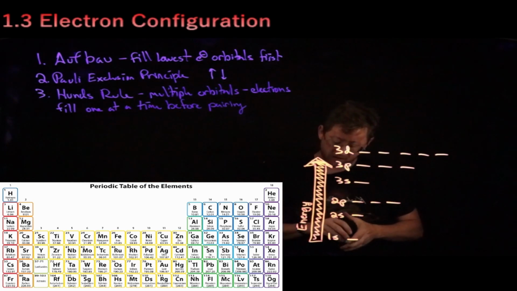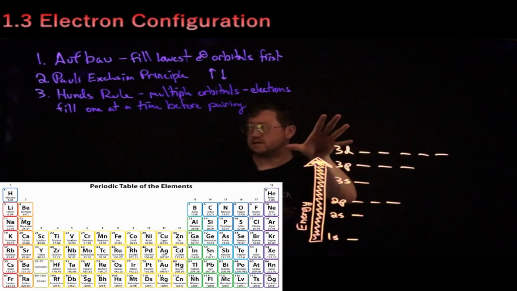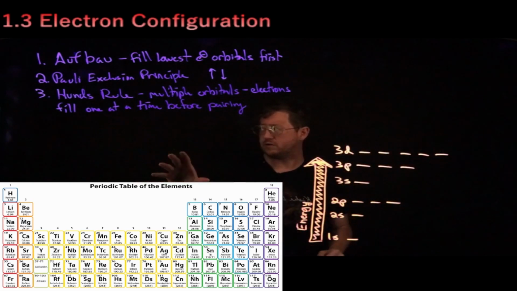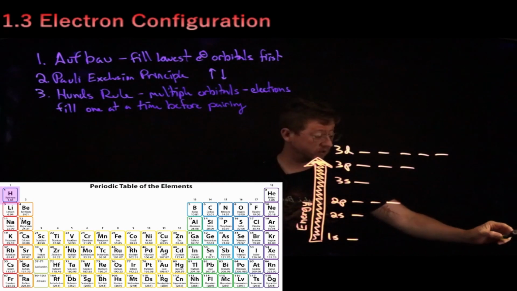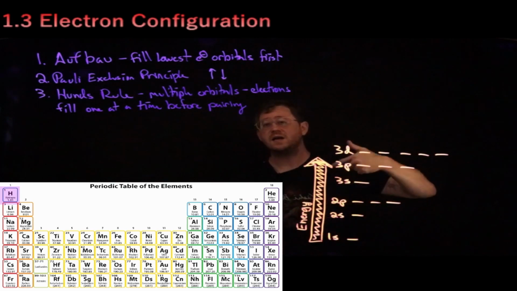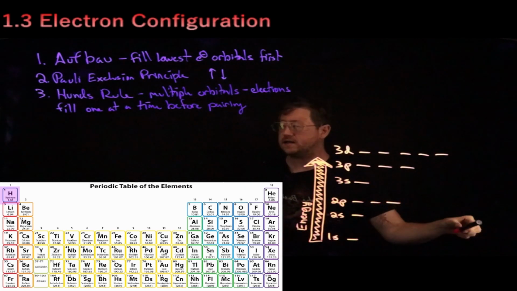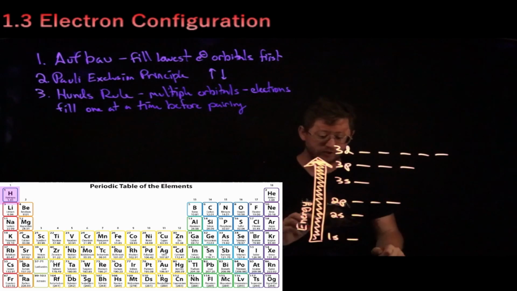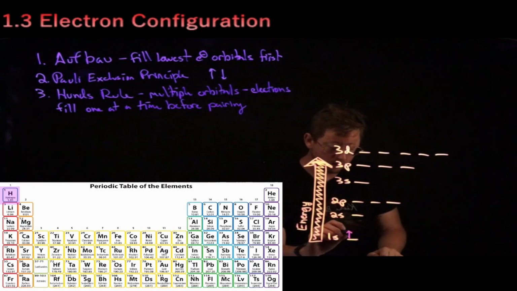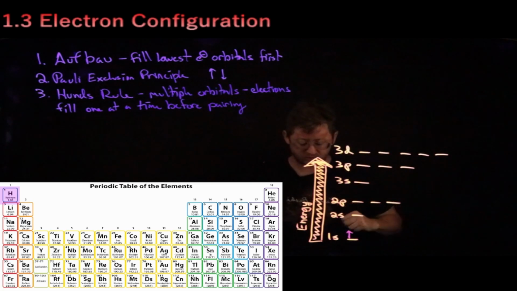So what do I mean by that? Well, like I said, this image here is a representation of the periodic table. Let's start with hydrogen. Hydrogen has one proton. It'll also have one electron. So the electron configuration for hydrogen just has a single electron spin up.